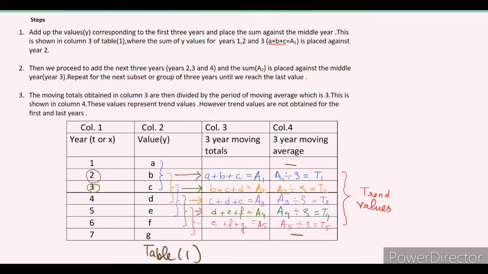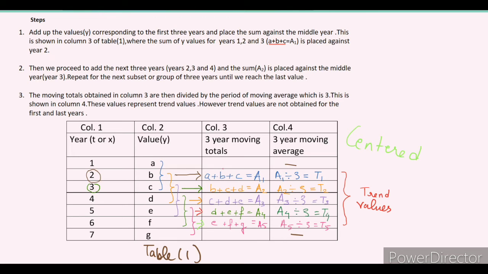After we've placed the values against the middle years, we call this centering, because we are placing the values against the middle years. This is shown in column 3.